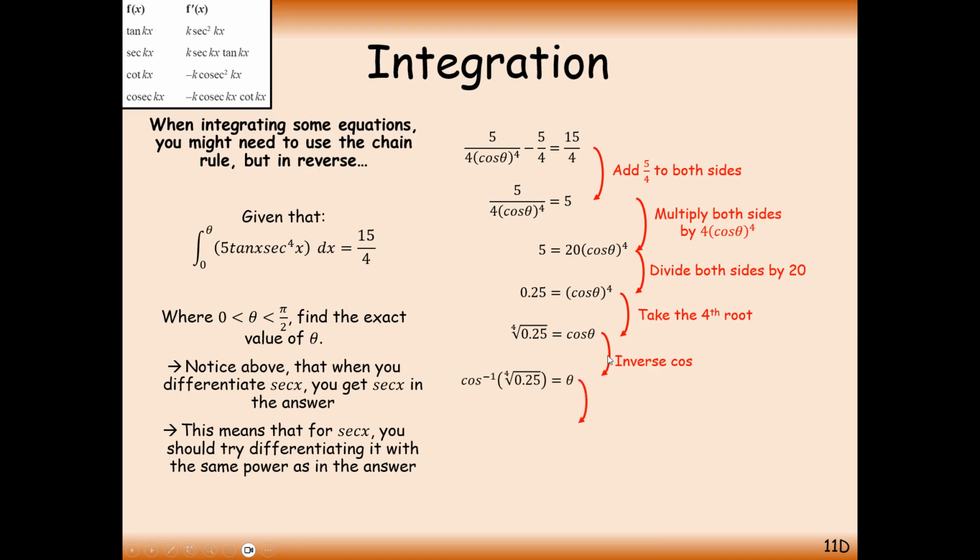Okay, we know that the answer should lie between 0 and pi over 2, therefore there is only one valid answer that could be given. There is no need to find any other values.